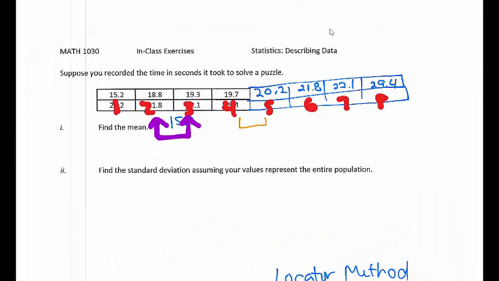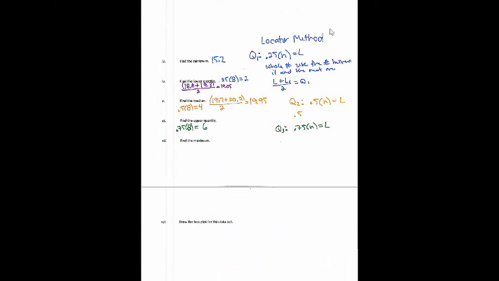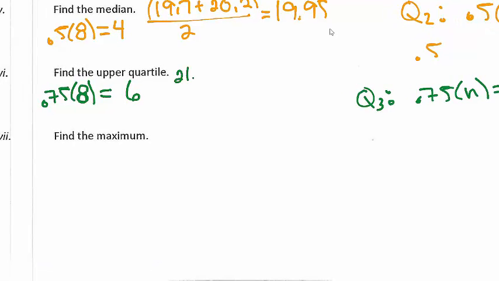And so then go to between 6 and 7, 21.8 plus 22.1 divided by 2. Somebody tell me. Okay, and there you go.